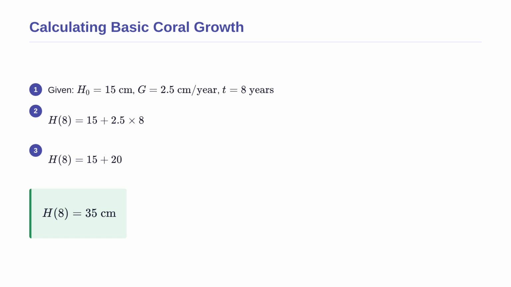We substitute these into our linear growth equation. Next, we multiply the annual growth rate by the 8 years, which tells us the coral will add exactly 20 centimeters of new skeleton. Finally, we add this new growth to the original 15 centimeters. Our final answer is 35 centimeters. Physically, this means after 8 years, the colony will stand 35 centimeters tall, providing a much larger habitat for marine life.